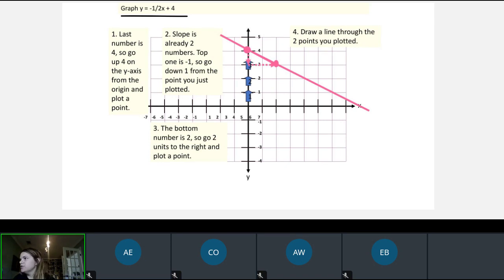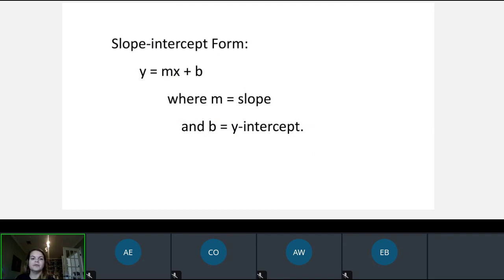So let's go back to our slope-intercept form. Slope-intercept form is y equals m times x plus b, where m is going to be our slope and b is our y-intercept. In order to graph something, the first thing we're going to do is graph the y-intercept first.